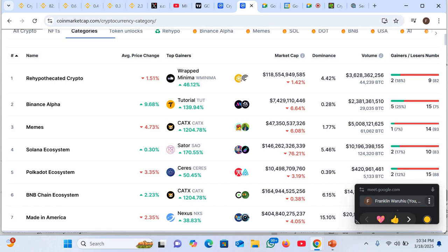By this I mean, what is good for Bitcoin? If there is something positive about Bitcoin, it is also good for other altcoins and other meme coins. If Bitcoin is performing very well, also expect other altcoins to be performing very well.